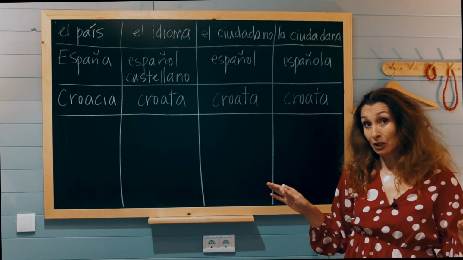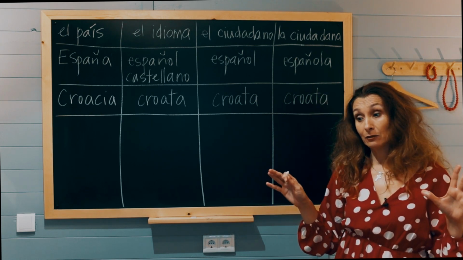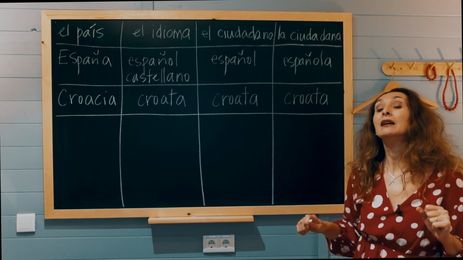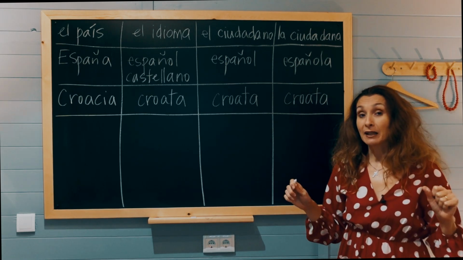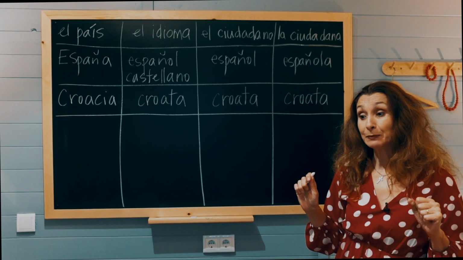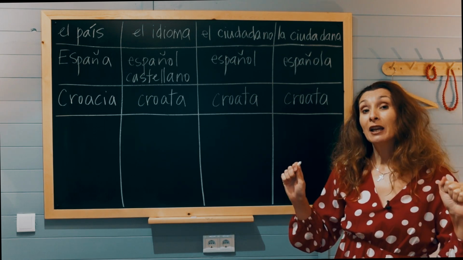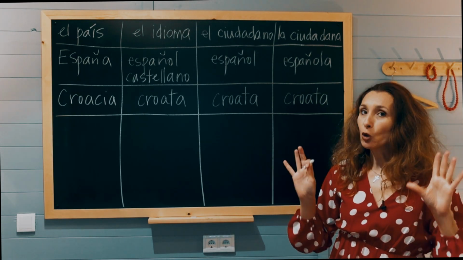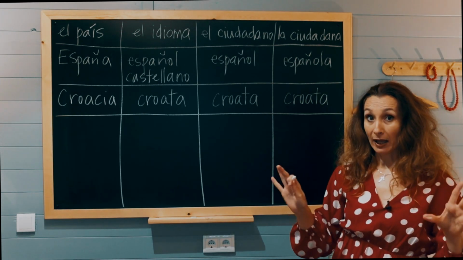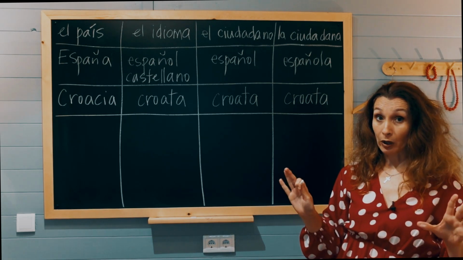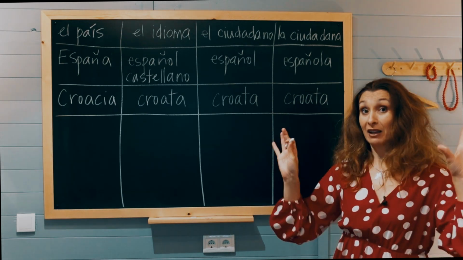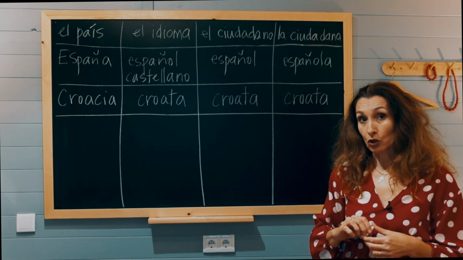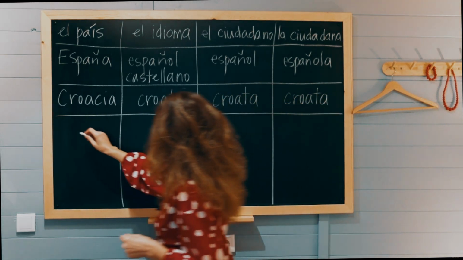For the Spanish speaking, so I'm including the Latin American Spanish speaking countries as well, not just Spain, America is the continent, not the country, not the US. So whenever they talk about the US, they will say Estados Unidos, the United States.